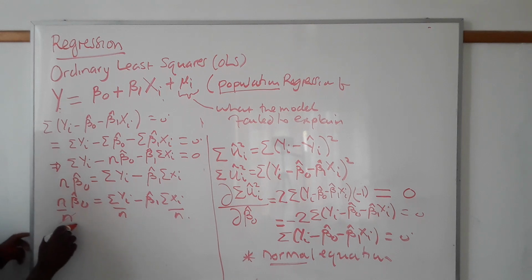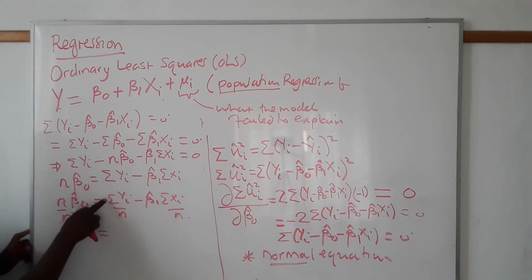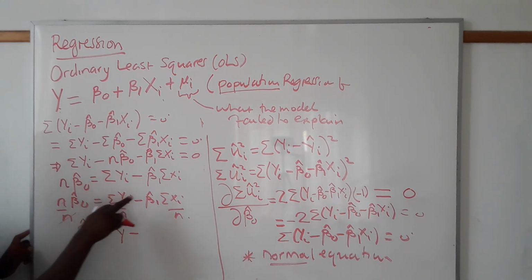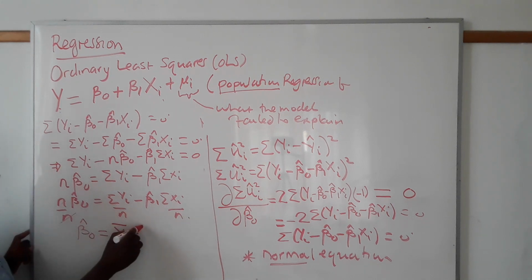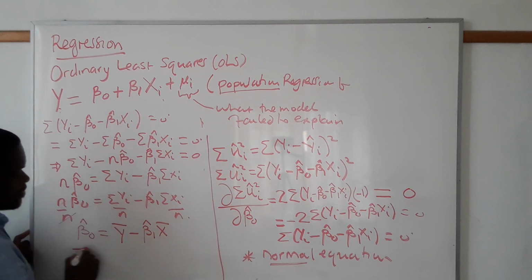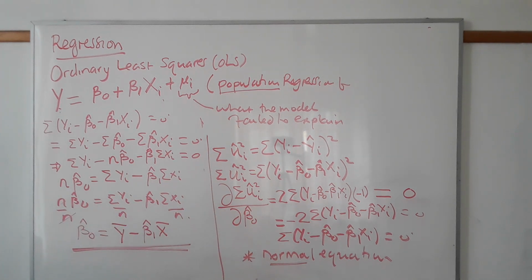That cancels that, and you remain with the beta at 0. From our previous video, the summation of y over n is actually y bar, and the summation of xi over n is x bar, so we have beta at 1 x bar. This is the formula for finding beta naught.